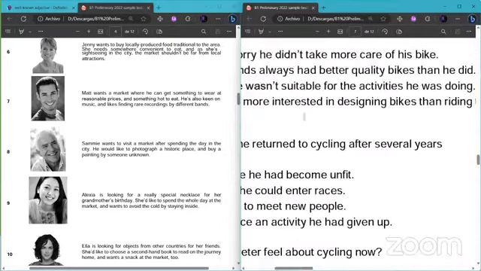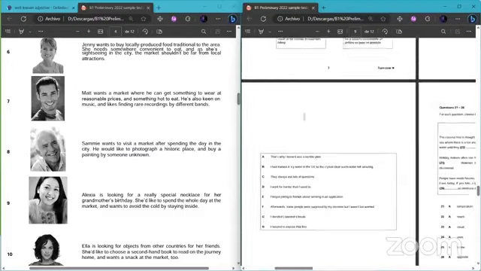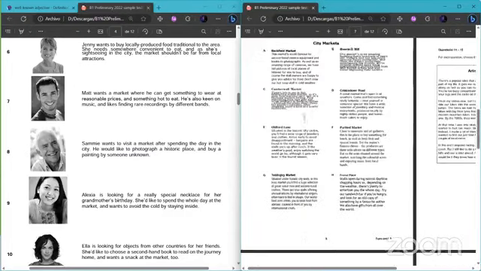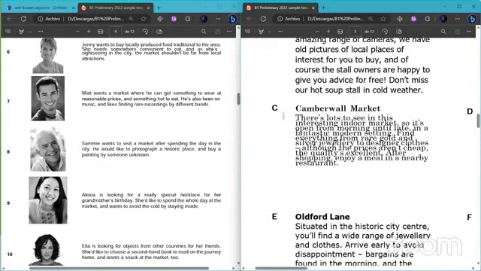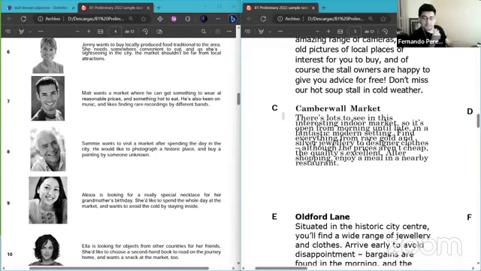Because this market is an indoor market, and she wants to avoid the cold by staying inside. Yes.